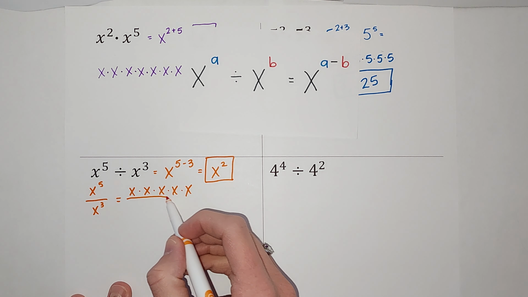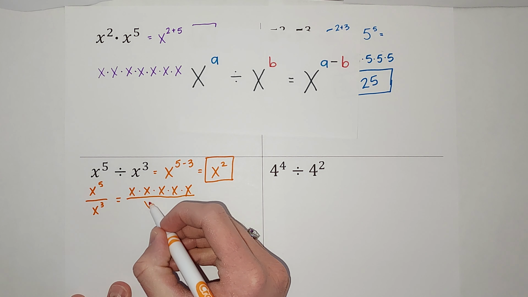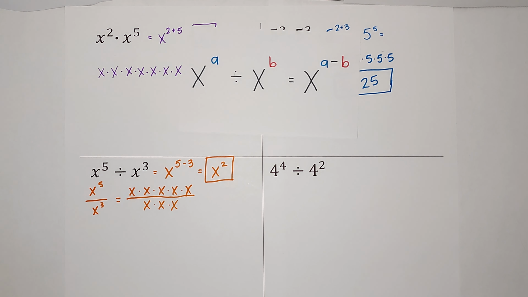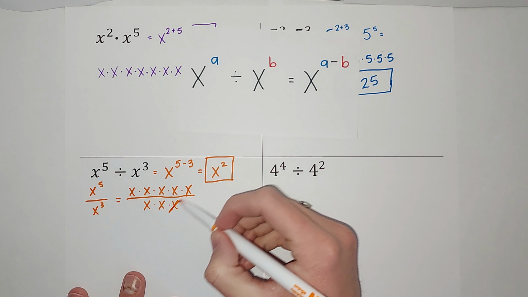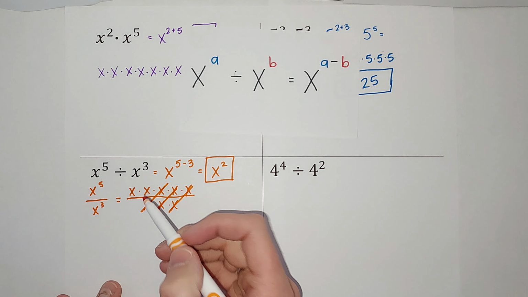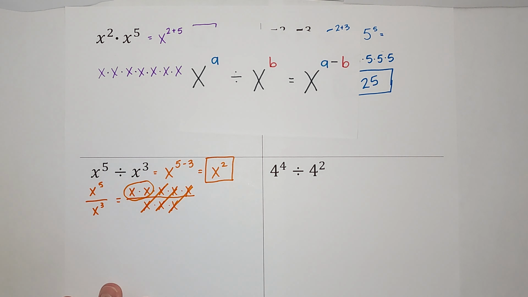Over x to the third, which is x times x times x, okay? Well, when everything's being multiplied and you have a number over itself, they cancel, right? So 3 of my x's on top cancel with 3 of my x's on bottom, and I'm just left with x times x, which can also be written as x squared, okay? Not too bad, right?